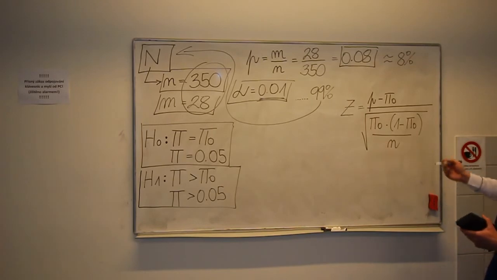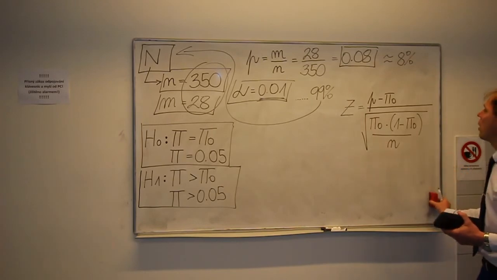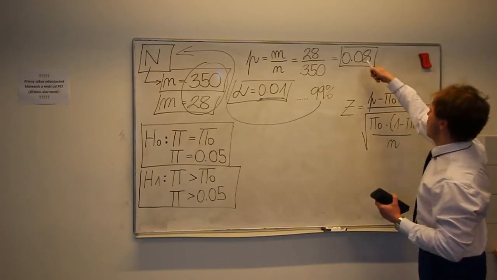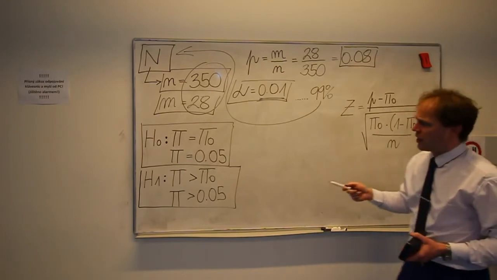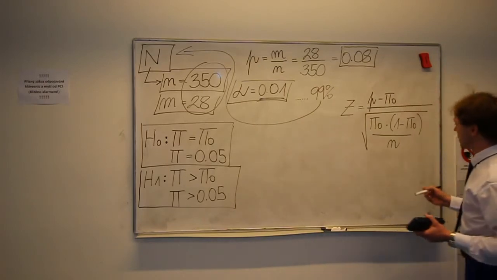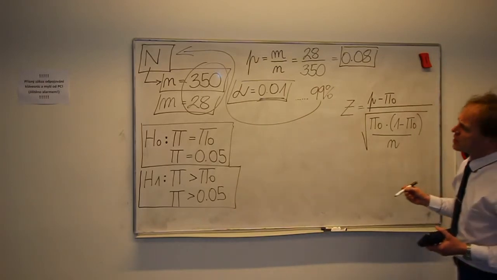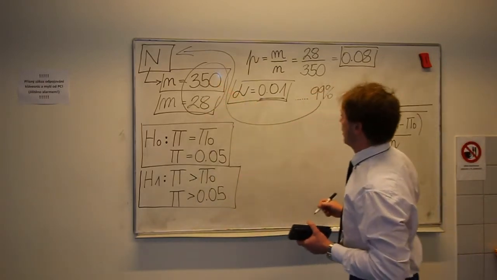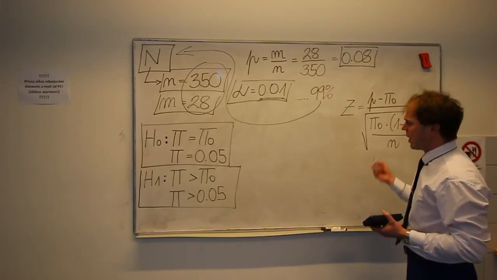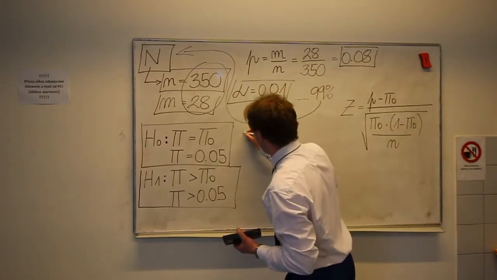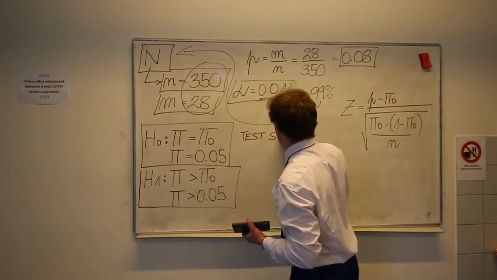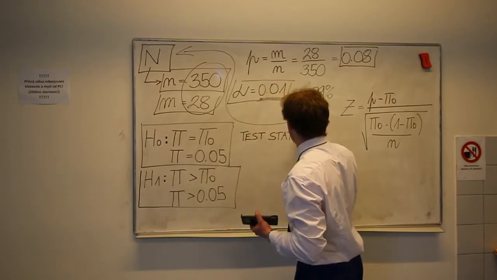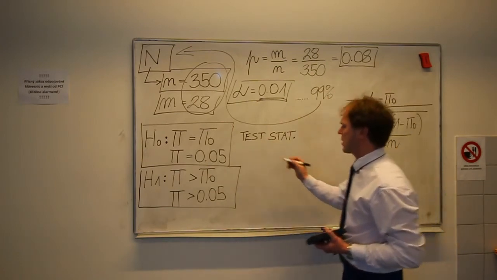So we know everything. We have calculated this proportion. We know what is written in the zero hypothesis, and we know the sample size, which is equal to 350. So we are able to calculate the value of the test statistic.